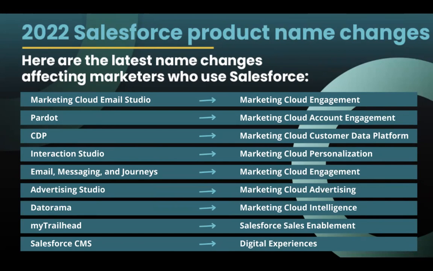My Trailhead becomes Salesforce Sales Enablement, and finally, Salesforce CMS moving into Digital Experiences, right? So please make sure you are aware of these naming conventions, which is really helpful for further slides and what we are talking about.